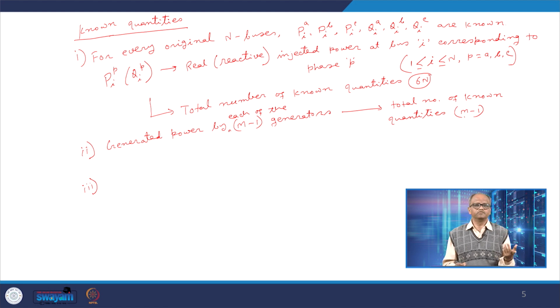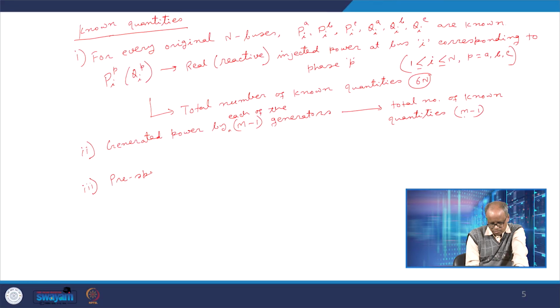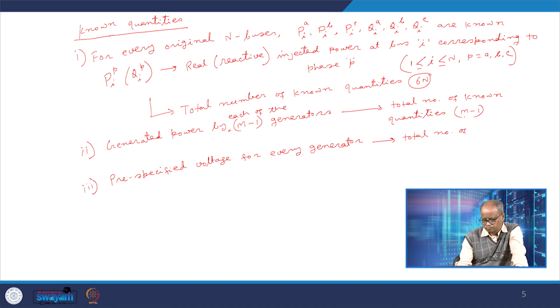Please note, even in the case of a single phase load flow analysis, even for the slack bus, we pre-specify the voltage. Here also, even for the slack bus, we pre-specify the voltages for every generator, so the number of known quantities here is m.